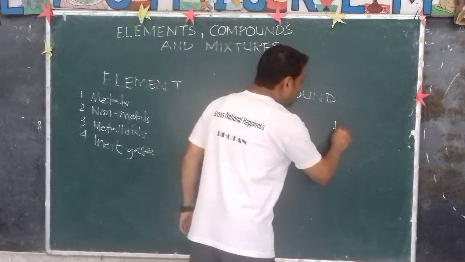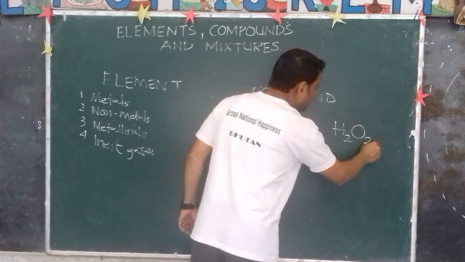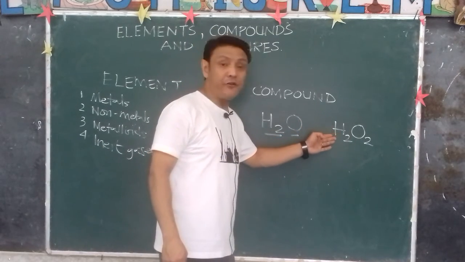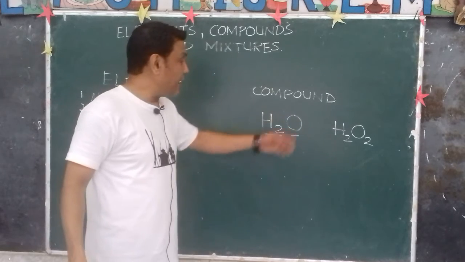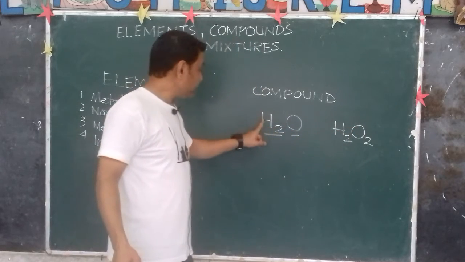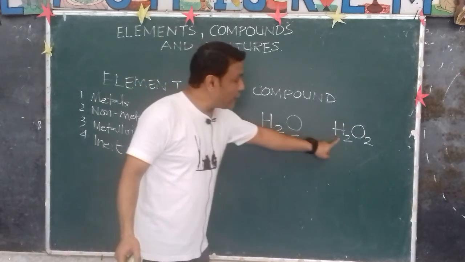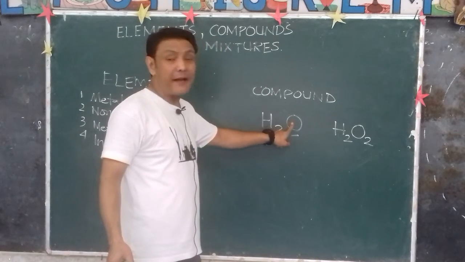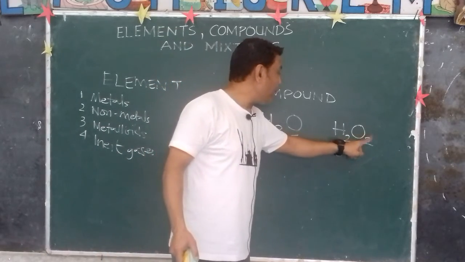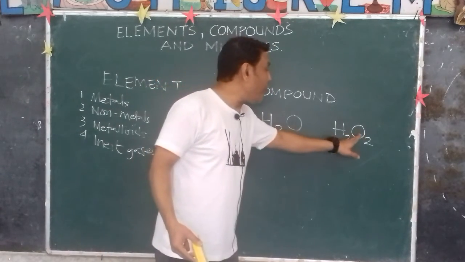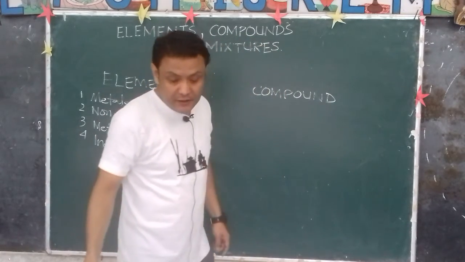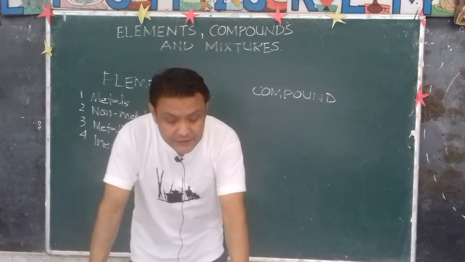Suppose there is a compound which is made up of two atoms of oxygen, then this is not water. This is a totally new compound, hydrogen peroxide. The elements are the same: hydrogen and oxygen. It is made up of two atoms of hydrogen in both cases, but the number of atoms of oxygen differs. In water, only one atom of oxygen is present, and a molecule of hydrogen peroxide is made up of two atoms of oxygen. So all compounds are made up of elements in a fixed, simple ratio.